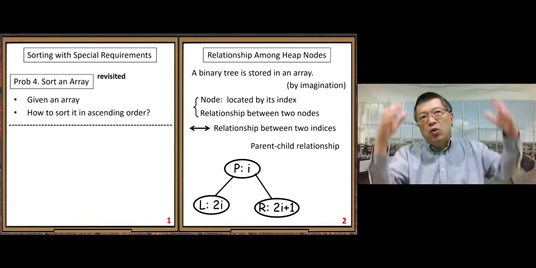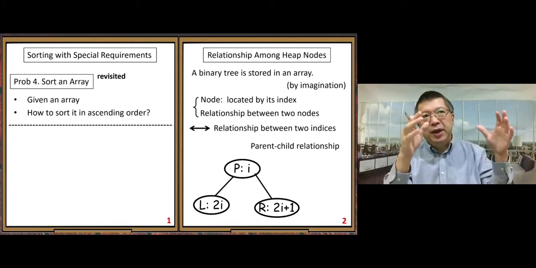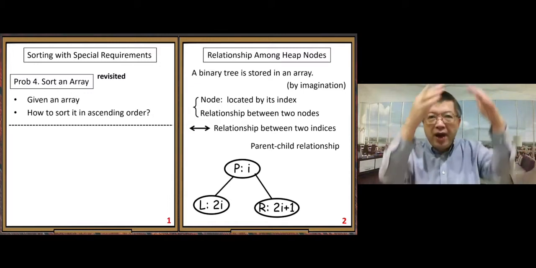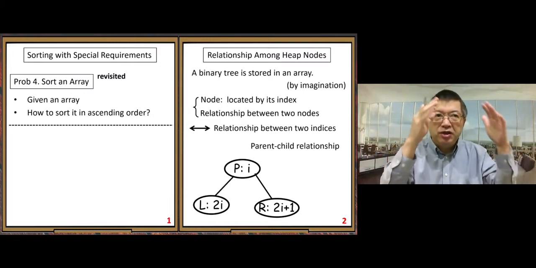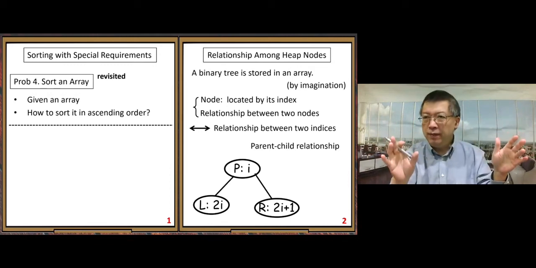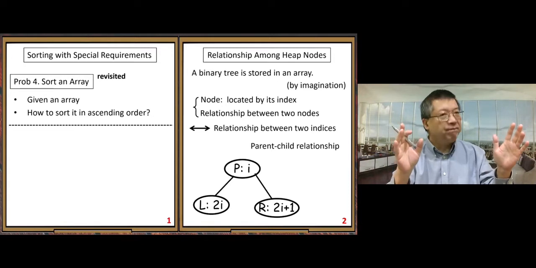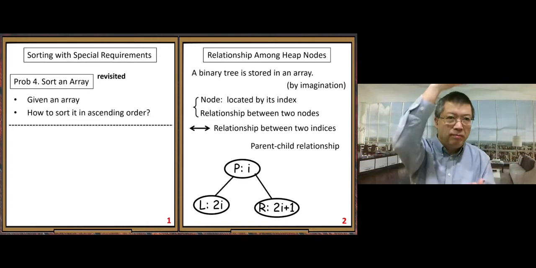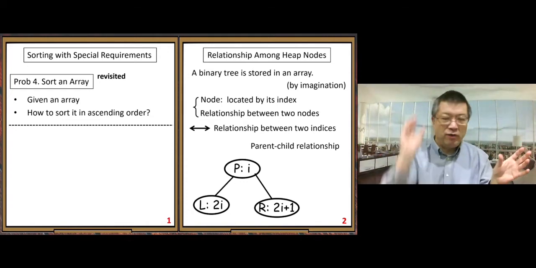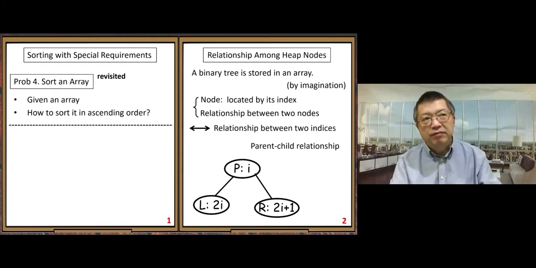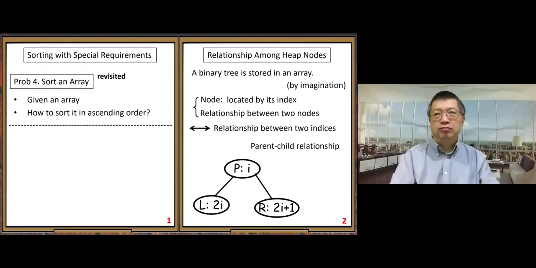All right, so we pick these three nodes, if their indexes P, L, R satisfy that pattern, i, 2i, 2i plus 1, then we can treat these three nodes as parent, left child, right child, that relationship. That kind of description, pretty natural, right? Okay.